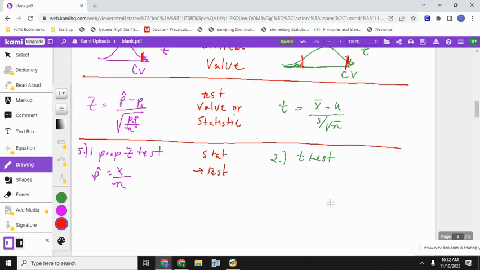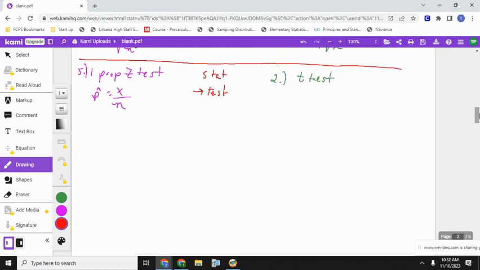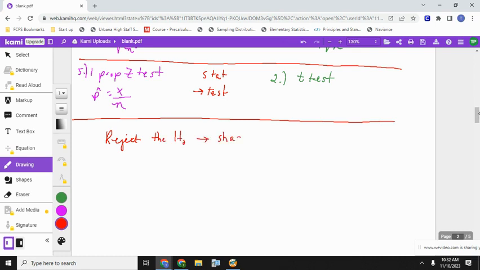Now, the next part is all the same no matter what kind of hypothesis test you're doing. So let's write a red line here. After you do all that, you're going to take your test value and see where it lands. You're going to reject the H0 if it lands in the shaded area. If it lands in the white, you're going to say fail to reject.